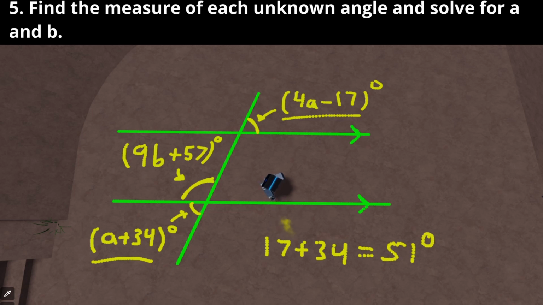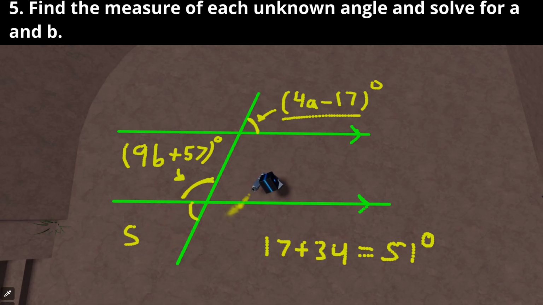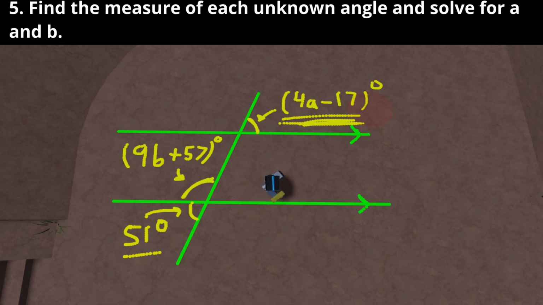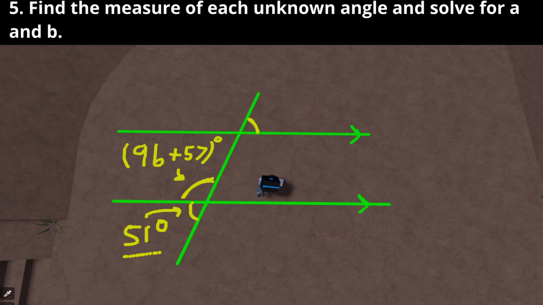So therefore, this angle down here is just equal to 51 degrees. And remember, this angle down here and that angle up there are the exact same due to alternate exterior angles. So I can write this whole thing as 51. And let me just write that a is equal to 17 since we needed to solve that.